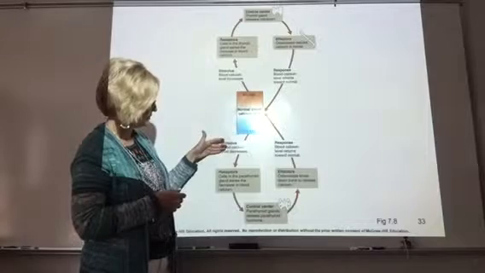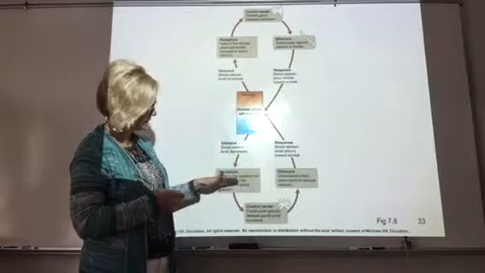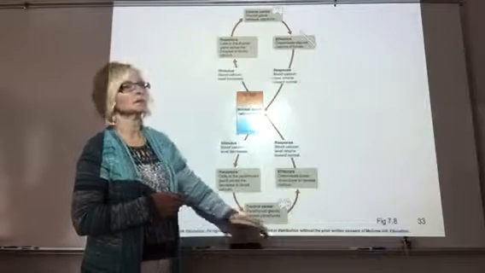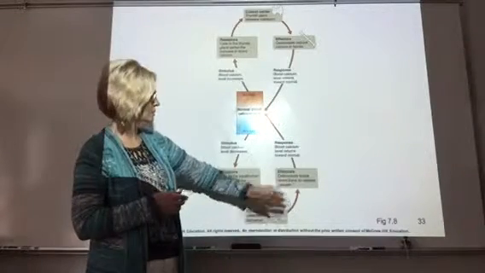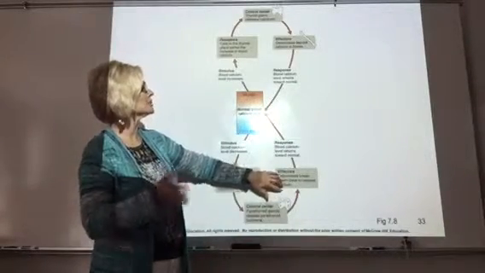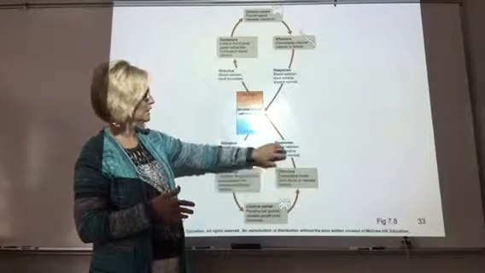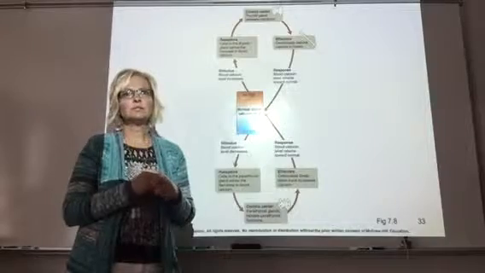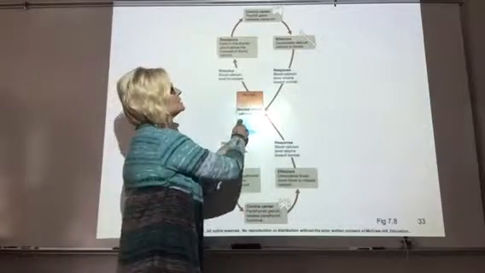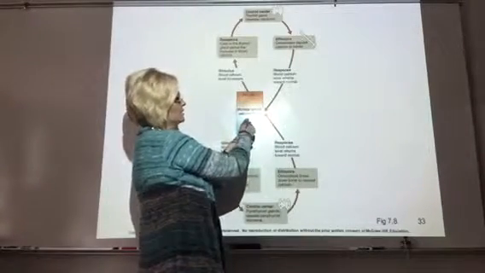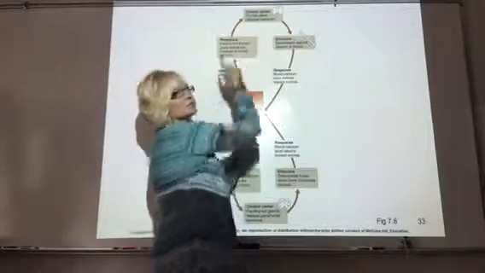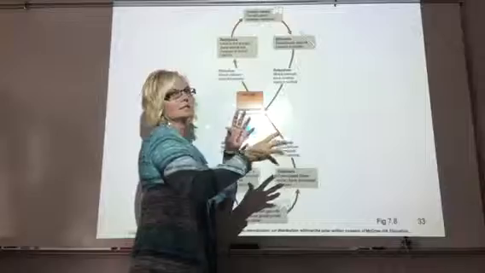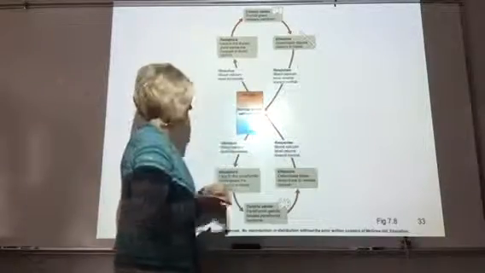Opposite, my calcium level's too low, it's going to sense it's too low. Parathyroid is going to release parathyroid hormone. Osteoclasts are going to break down bone. Calcium's going to be released. What I want you to take out of this is too much calcium, calcitonin is responsible, osteoblasts put calcium into bone.